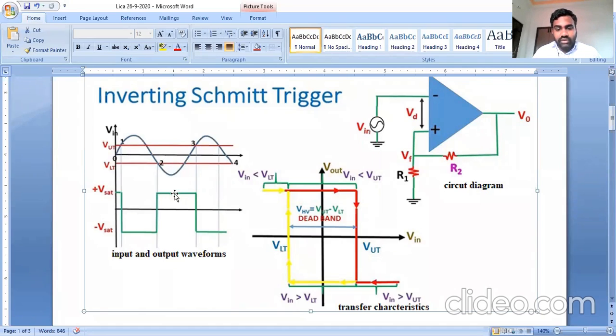That's why here we have a positive saturation, from the second instant to the third instant. After the input voltage again reaches the third instant, our output drops here and is experienced as low.